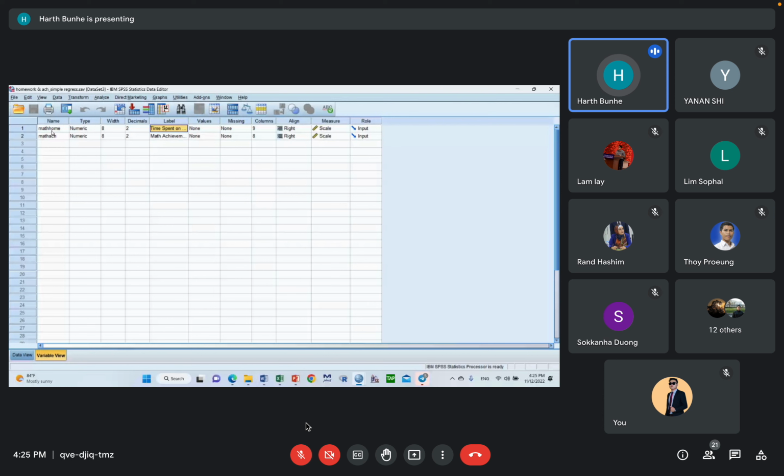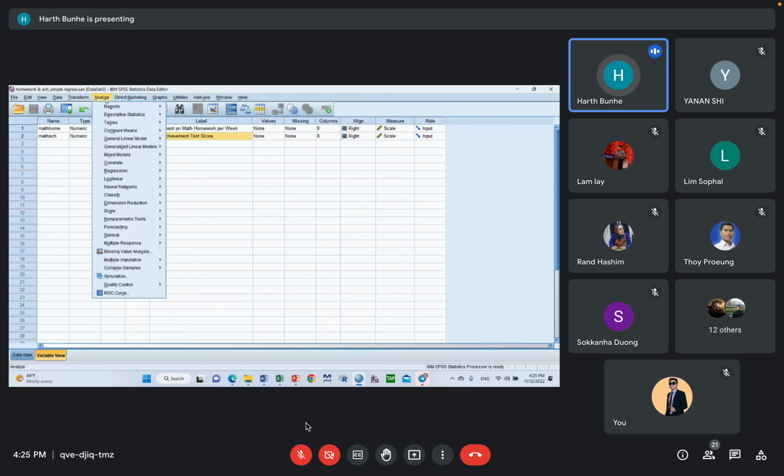So just recognize the variables here, and the measurement is already scale. And then I go to analyze, regression, and continue by linear. As I told you a bit before, it is about a linear equation. That's why you need to choose linear here.